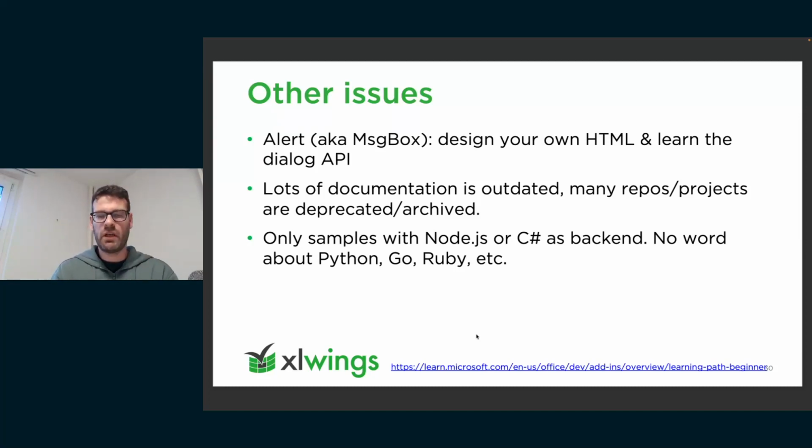Well, with Office.js you can do that, but you will need to design your own HTML, and you need to learn the dialog API, which is not the most straightforward piece of the Office.js ecosystem. So there's lots of things involved to achieve really simple things.